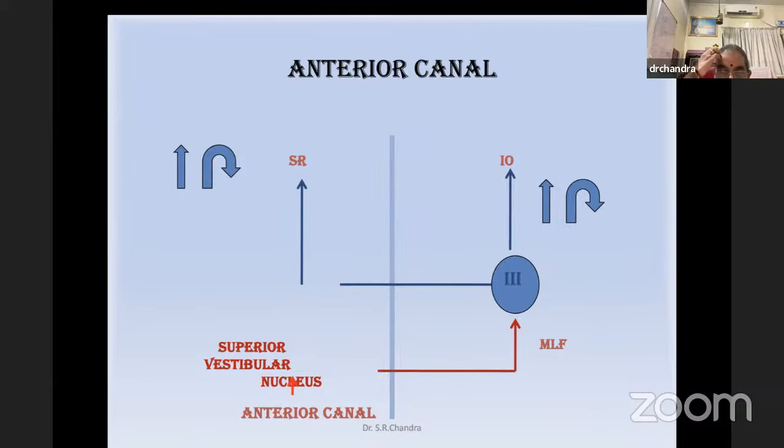We know that there are 4 vestibular nuclei: Deiters, Schwalbe, Bechterew, and the superior nucleus. So the anterior canal goes to the superior vestibular nucleus, then it crosses through the medial longitudinal fasciculus to the opposite third nerve. So the right anterior semicircular canal will link to the right superior vestibular nucleus and go to the left side third nerve and connect to the left side inferior oblique.